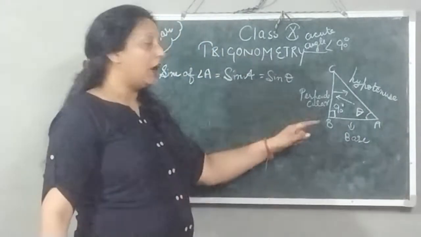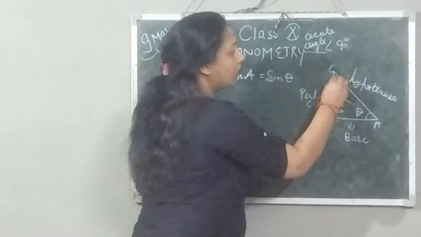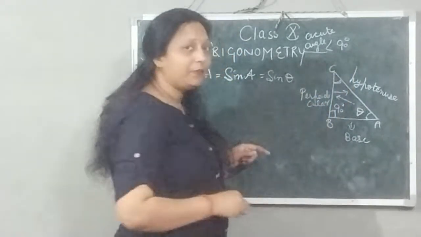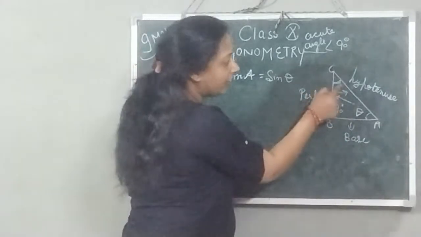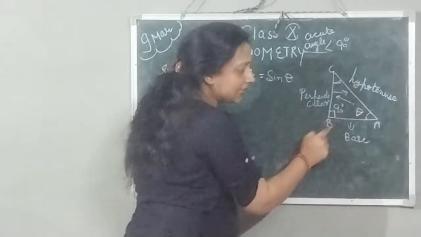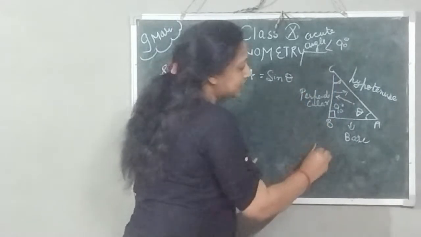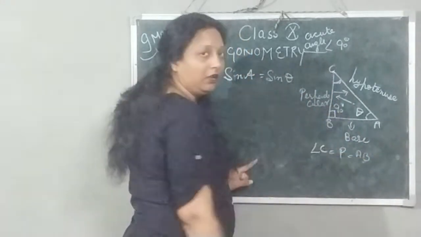If I talk about this angle, this one is also an acute angle. For this angle, what is the perpendicular? This is not the perpendicular for this angle. What is in front of this angle? This side AB is in front of angle C. So for angle C, the perpendicular will be AB.